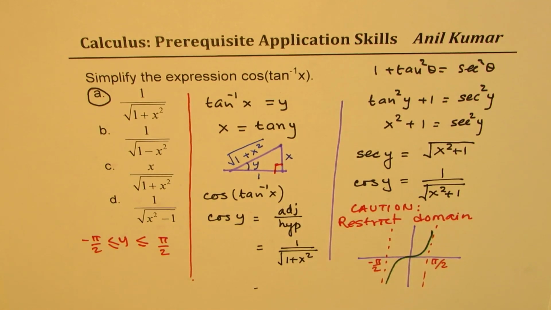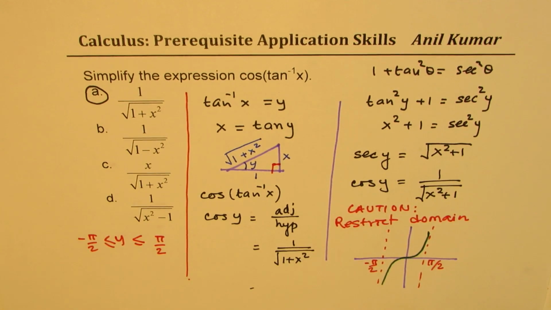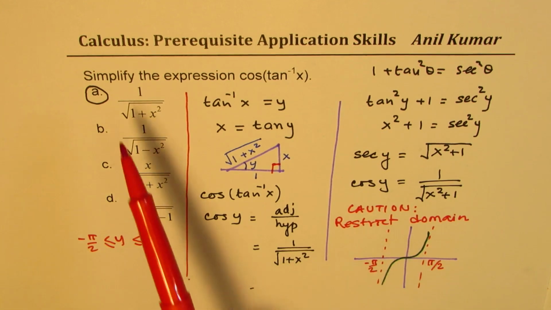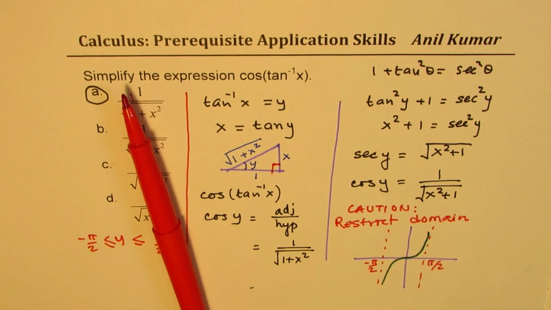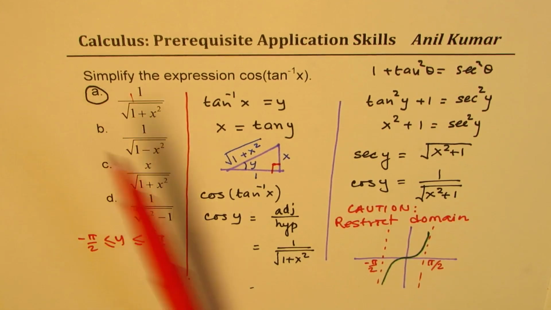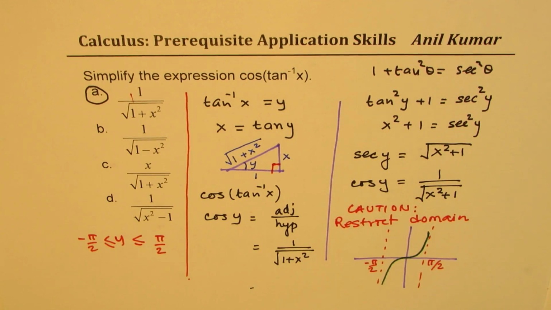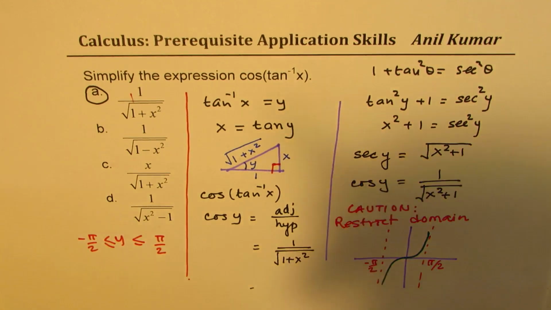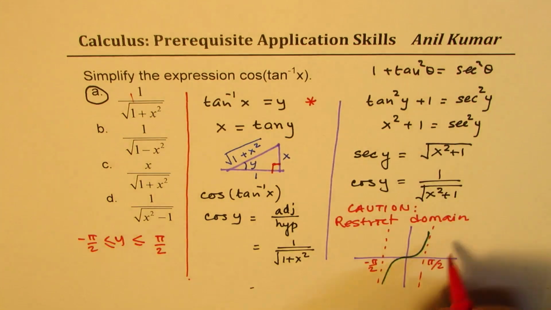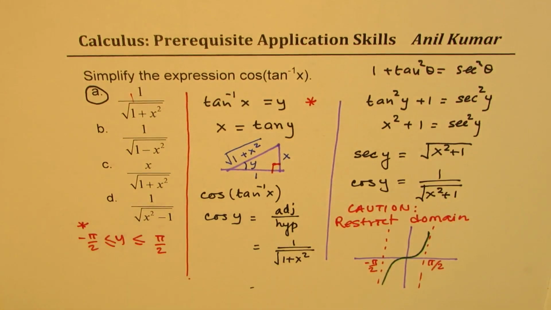So this is a very important restriction which should be placed if it is not a multiple choice question. Do you agree with me? That is how we should be solving. So at this stage, I have to write this comment and then continue, and you can adopt any one of these methods. Perfect. So that is how you could solve it. Now let's take the last question.